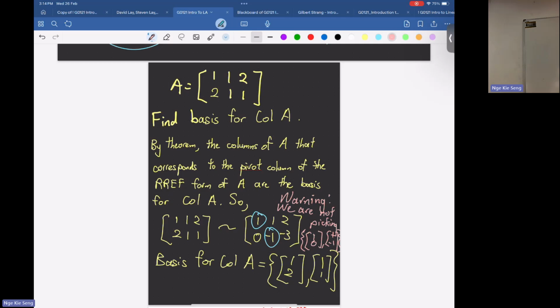Okay, but there is another question about row space, right? How do you find a row space? Row space is the same. You pick the rows that contain the pivot.